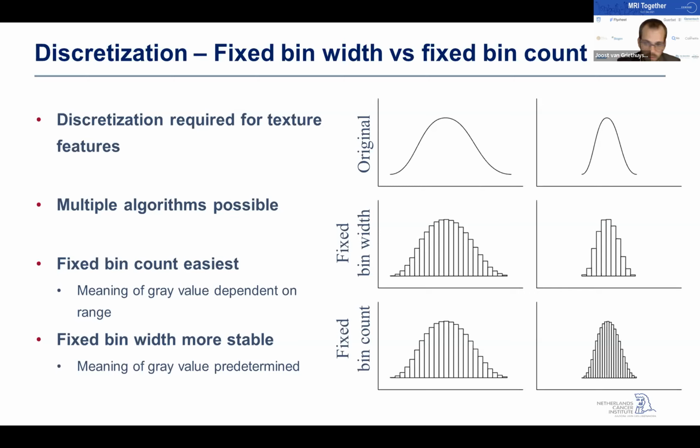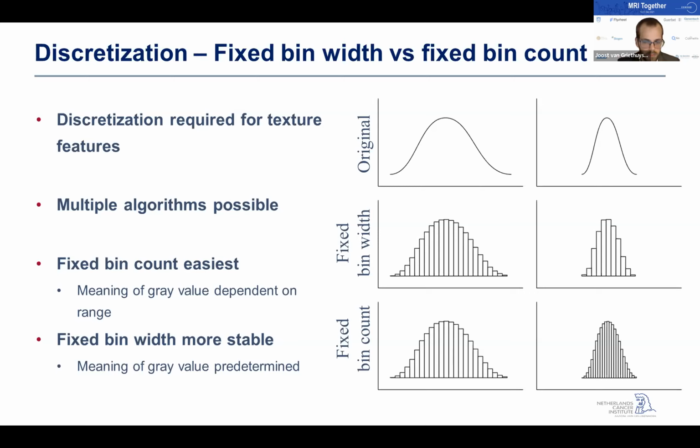The bin count is easiest because you are ensured you always have an adequate number of bins. However, this also means that your gray value meaning is dependent on the range. The best way to describe that is that if you take one image that is very heterogeneous and has a large range of gray values, then each bin will contain a significant amount of gray values and be something akin to what a radiologist will consider a reasonable difference in gray value.